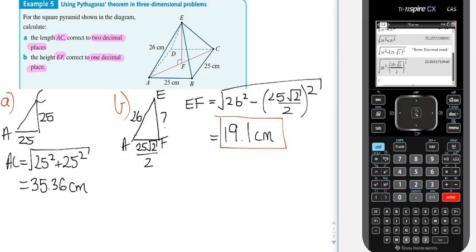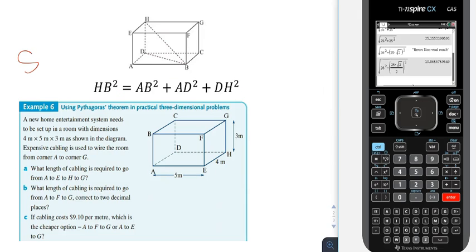There is a shortcut to doing part B. So if you weren't asked to do part A first, which is this length AC, the shortcut to do this is to actually take certain side lengths and square them, add them together. So if you've got a rectangle and you're after this distance, for instance HB, then you can say that HB squared is actually equal to AB squared plus AD squared plus DH squared.